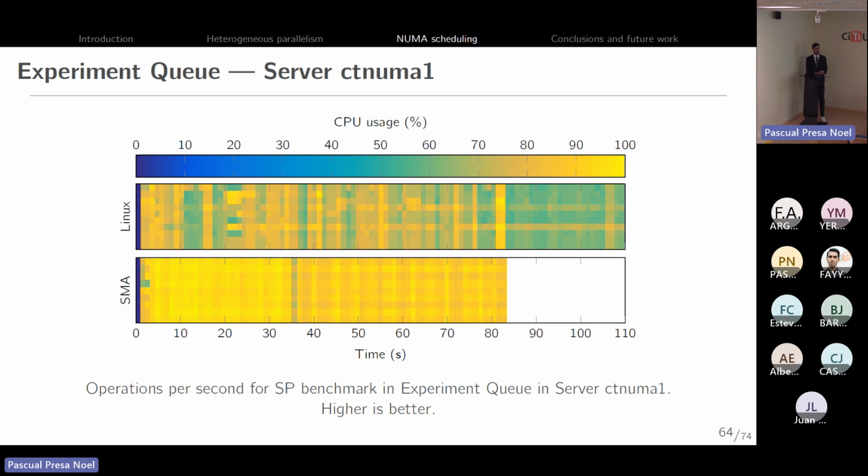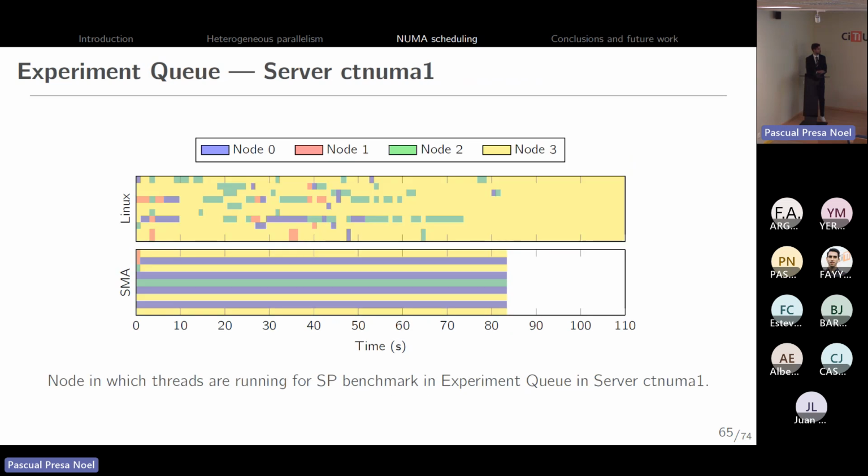This is a particularly interesting case because we can see here that our algorithms improve CPU usage following a different approach to the Linux scheduler. While the Linux scheduler tries to place all the threads in the same node, node 3 here, but also moves those threads to different nodes, our strategy keeps them in a single node and still in their preferred node.